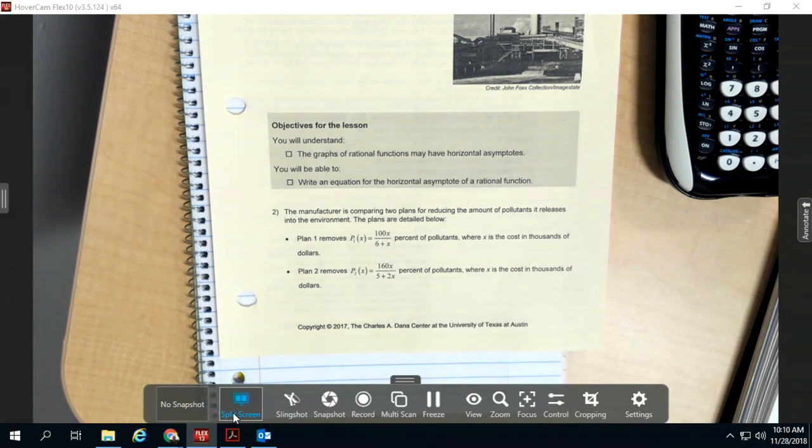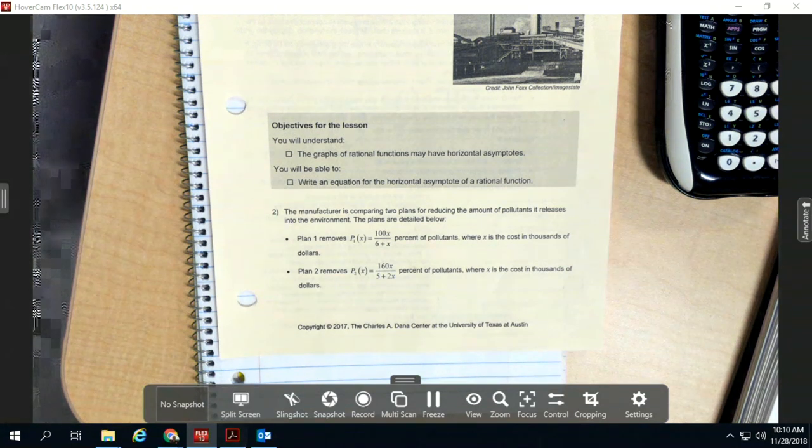Yeah, if you don't spend any money, you remove no pollutants. So that's our zero of both numerators. Asymptotes in the denominator, if you spend negative $6,000, which doesn't make any sense. So the first one is going to be going up as we get closer and closer to 0, and then at 0 it's going to be 0. Plan 2 has a vertical asymptote at negative 0.4 and a 0 at 0.